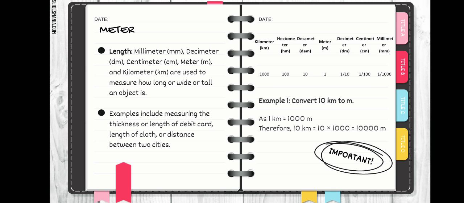So the meter is the basic unit, so 1, and the bigger units are the kilometer, hectometer, and decameter, while the smaller units are the millimeter, centimeter, and decimeter. So in converting, we have an example here. We convert 10 kilometers to meters.